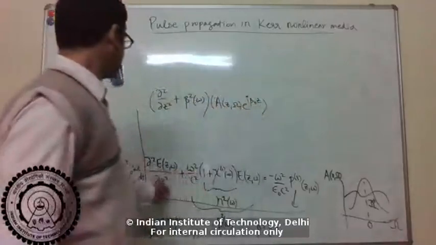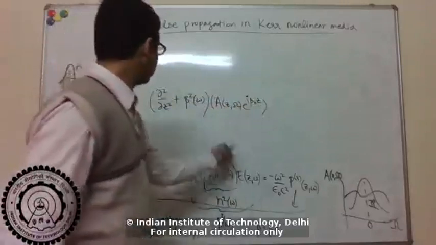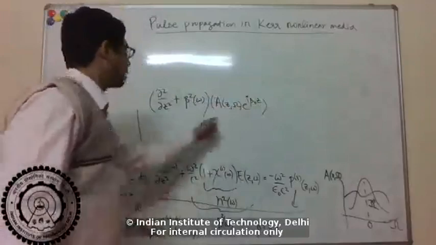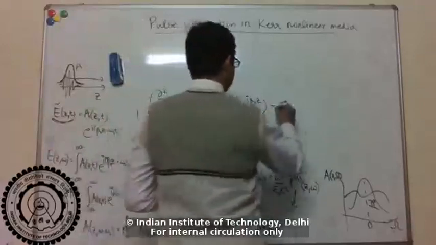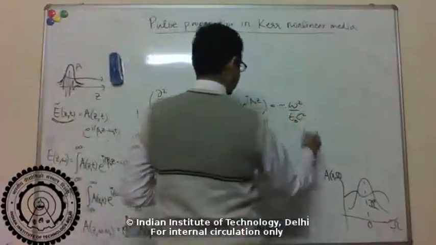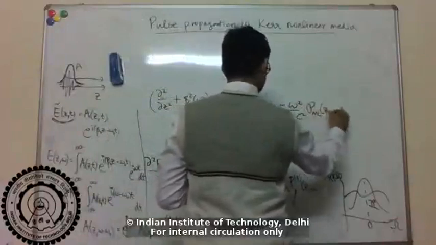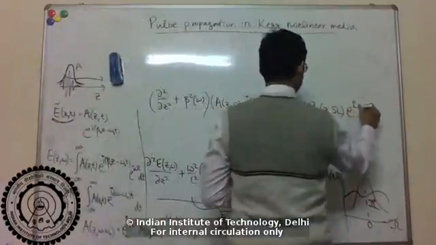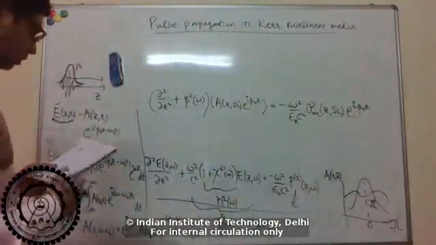On the left hand side, I have a double derivative with z plus beta squared operating on E, which I write as A of capital omega times e to the i beta naught z. And then on the right hand side, for this P3 of omega also, I write the amplitude or the envelope of that polarization function times e to the i beta naught z.